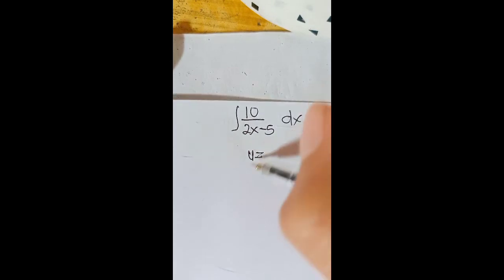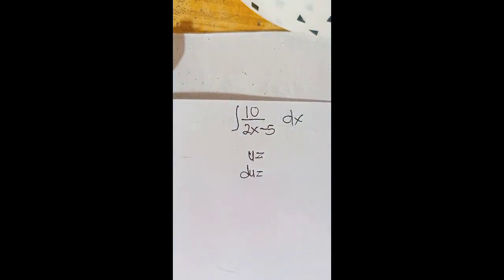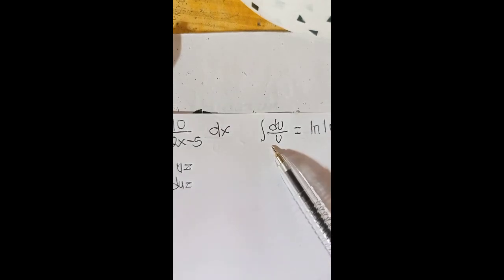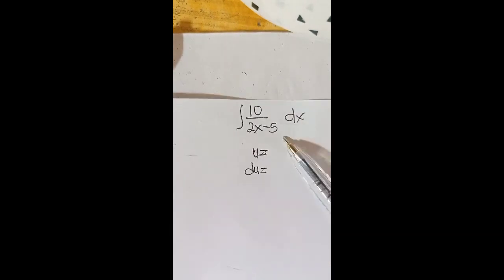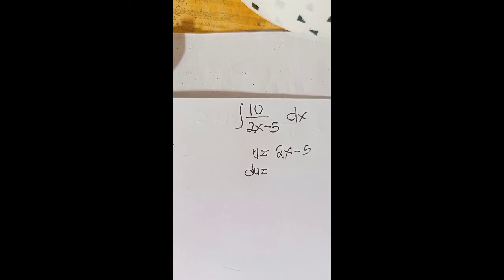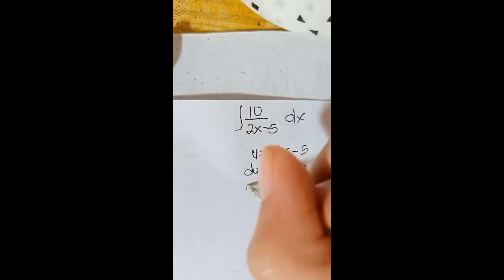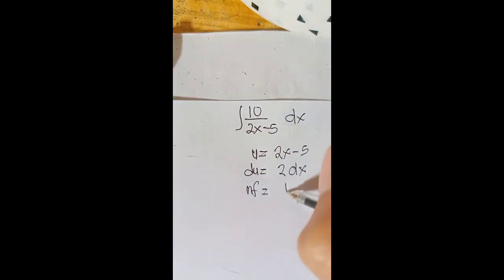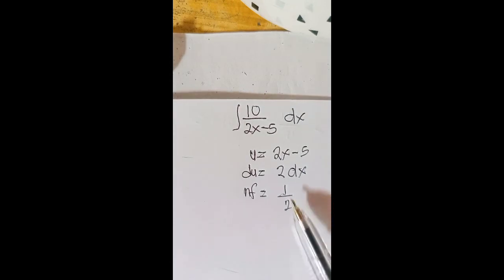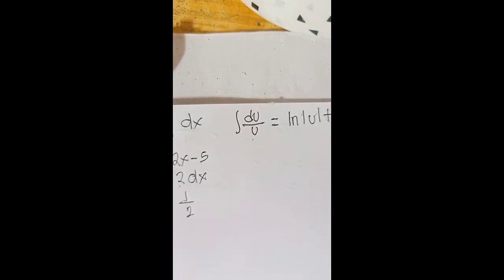Our u in the general form is in the denominator, so our u is equal to 2x minus 5, and the derivative of u is 2 dx. We have the multiplying factor equal to 1/2, which is the reciprocal of 2. So now we can apply the rule in this equation.